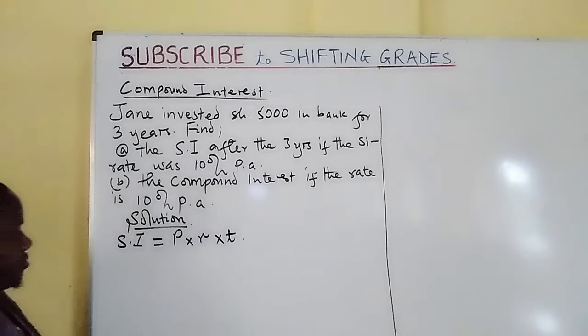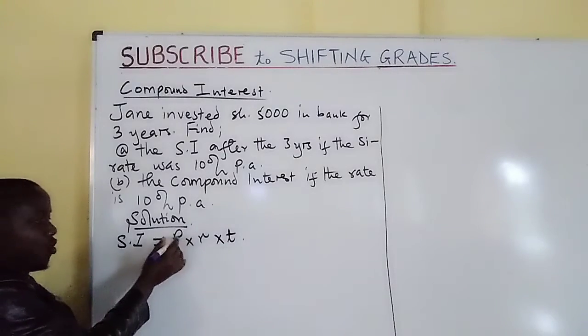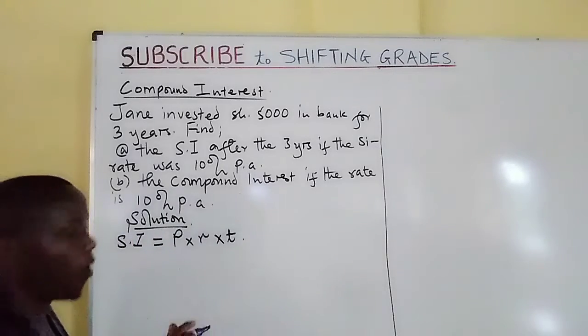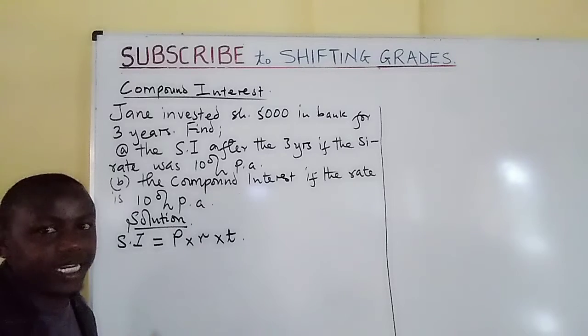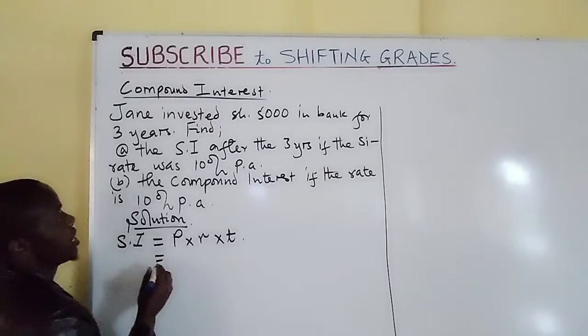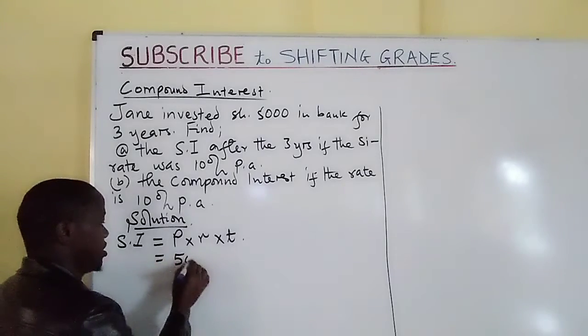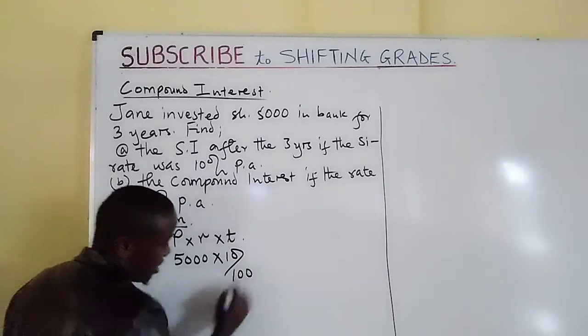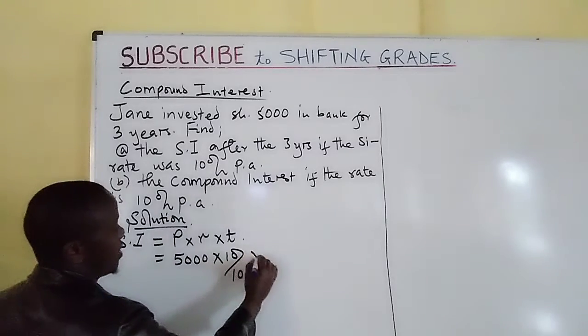Therefore, the principal is always money borrowed or the money deposited in a bank. So here, Jane deposited 5,000 at a rate of 10%. So percent means over 100 for 3 years.